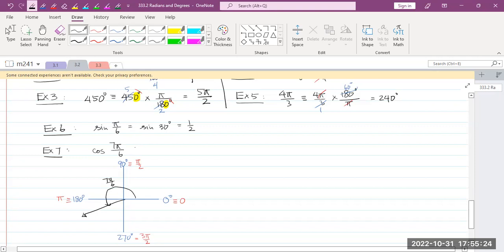Because it is in quadrant 3, cosine is negative. Then what is the reference angle? Well, 7 pi over 6 minus pi gives us pi over 6. That's the reference angle. And cosine pi over 6, which is cosine 30 degrees, is radical 3 over 2.